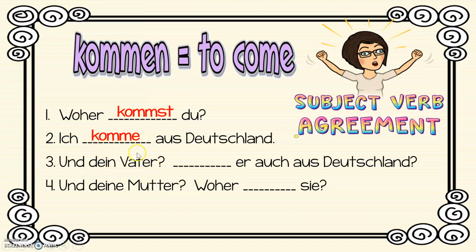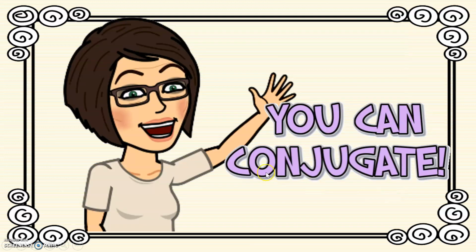If I take your father out of the sentence and replace it with a pronoun, I replace it with he. Here's he. And your father? Kommt er auch aus Deutschland? Does he also come from Germany? And your mother? Where does she come from? He, she, it, T. And now you can conjugate.